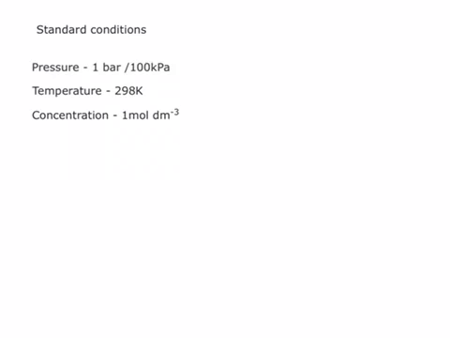So the standard conditions for measuring electrode potential are a pressure of 100 kilopascals, a temperature of 298 kelvins, and a concentration of 1 mole per decimetre cubed. Now, with regards to the standard hydrogen electrode, this concentration is of the hydrogen ions.